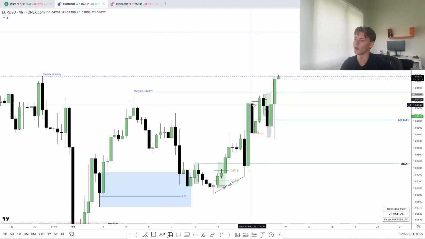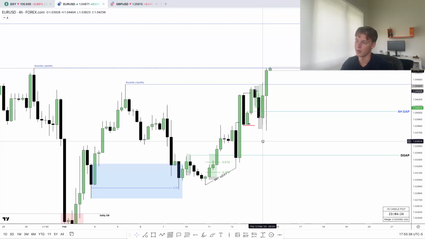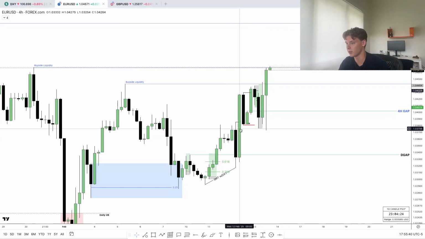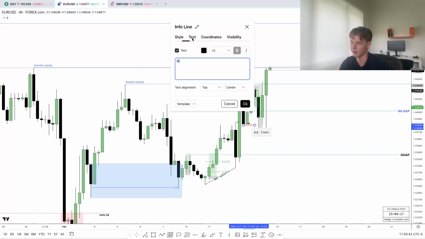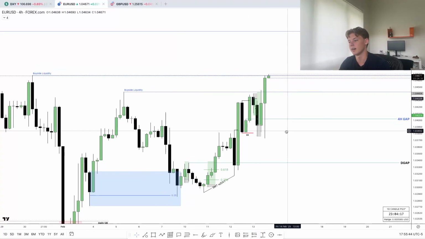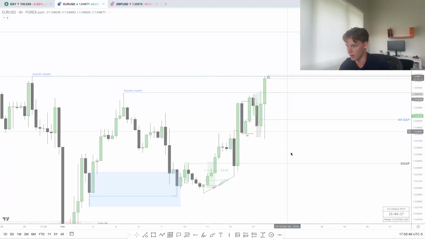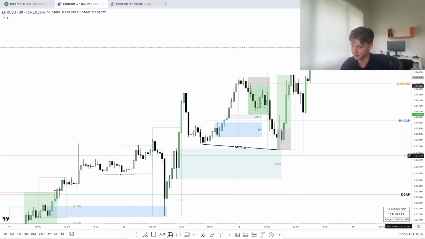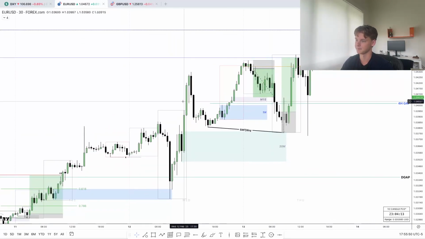Yesterday I was looking at this whole zone to long from, without being aware that potentially price would want to sweep this and then push up higher. But last night I marked out this zone right here, this 30-minute very clean sell before the buy.